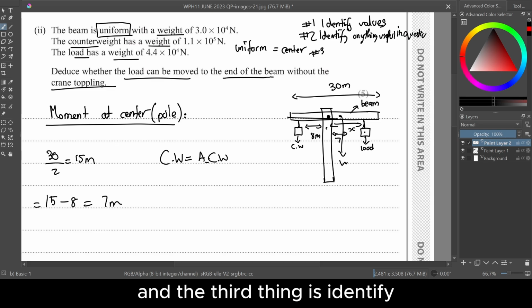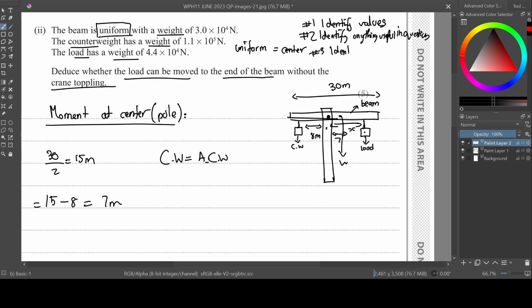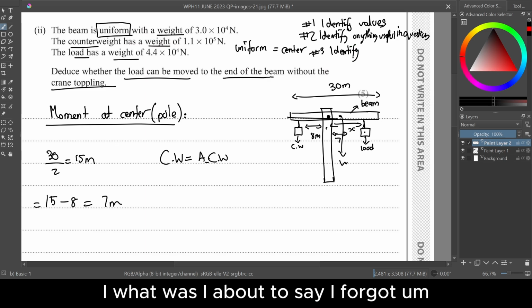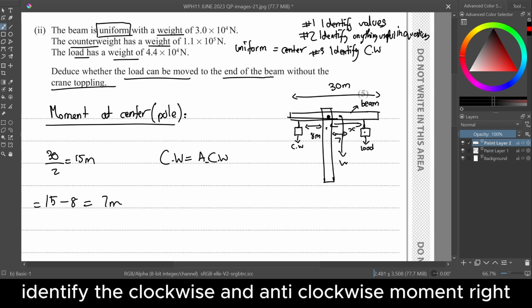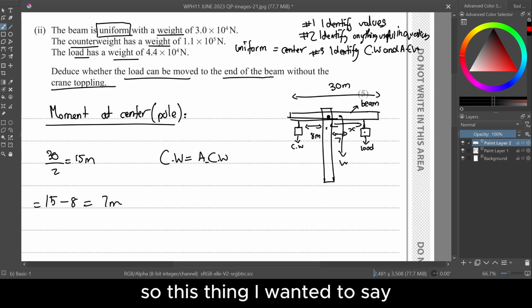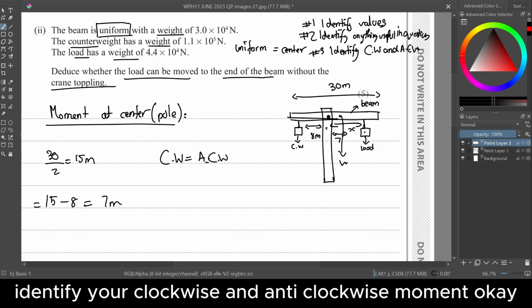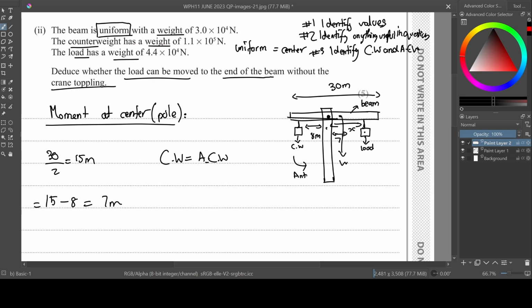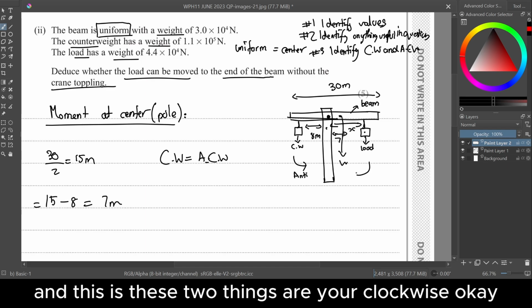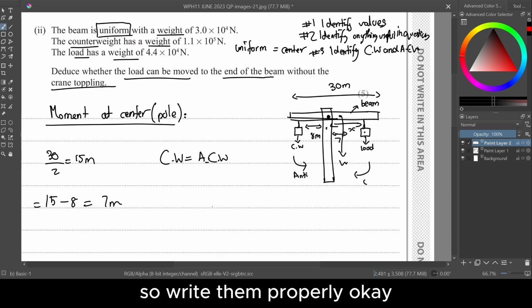And the third thing is to identify the clockwise and anti-clockwise moment, right? So this thing is your anti-clockwise, and these two things are your clockwise. So write them properly.